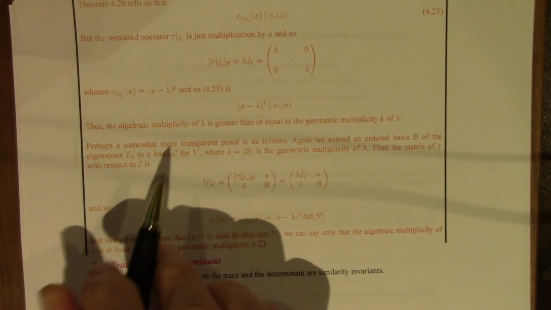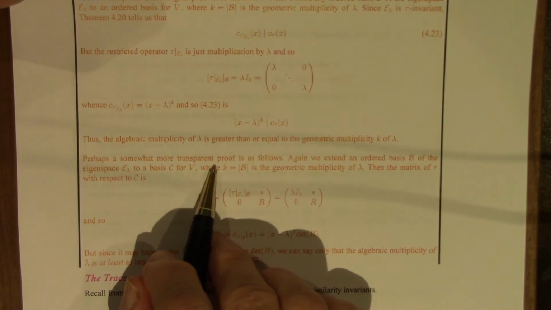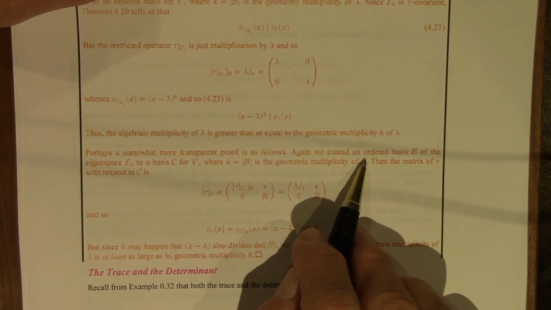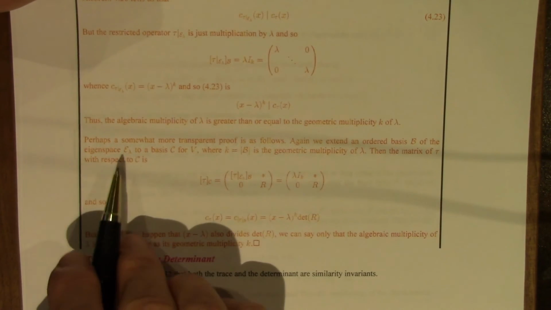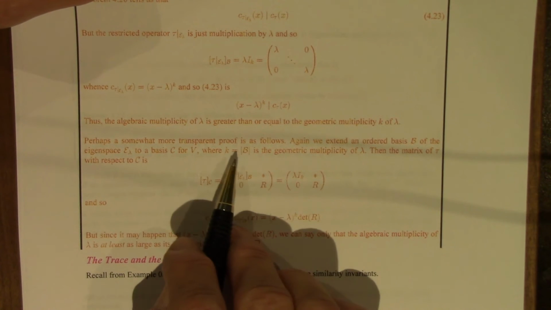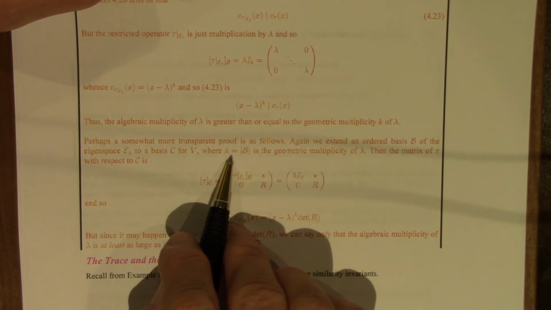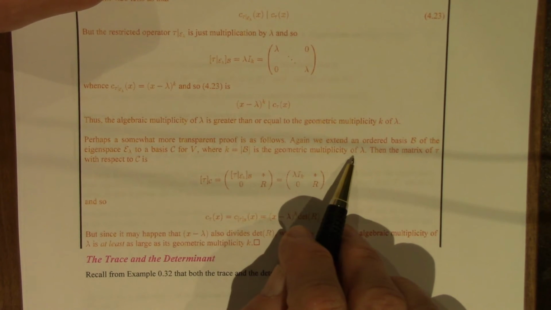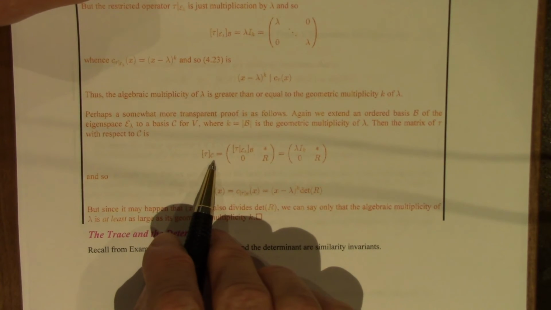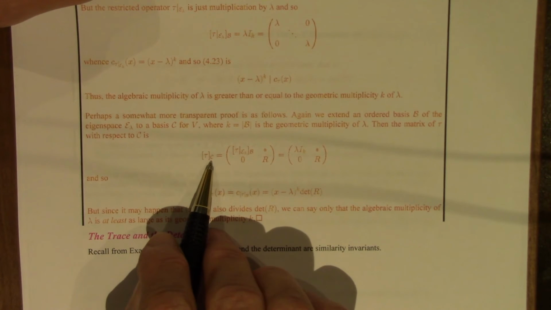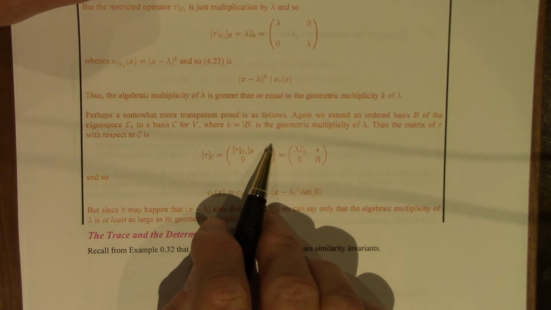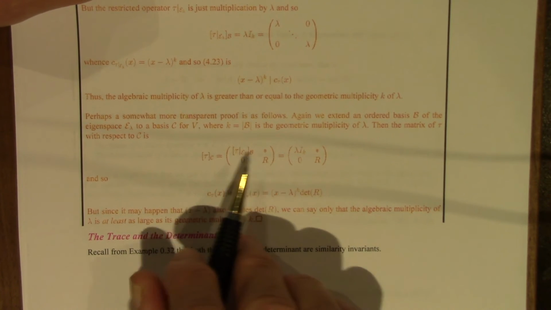And I think we can be a little more transparent in this proof as follows. Again, extend an ordered basis B for the eigenspace to a basis C for the full space. And again, the size of B, which I'll denote by k, is the geometric multiplicity. The matrix of tau with respect to C has this block upper triangular form.